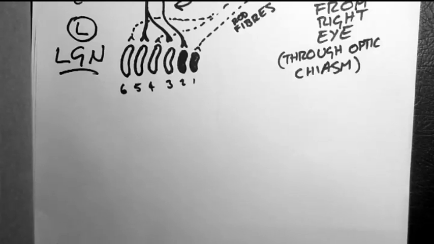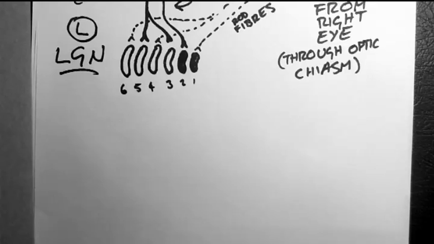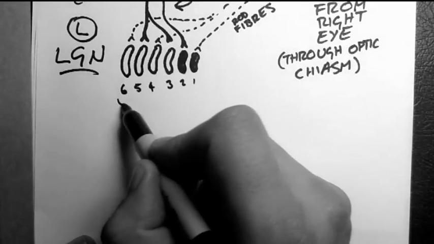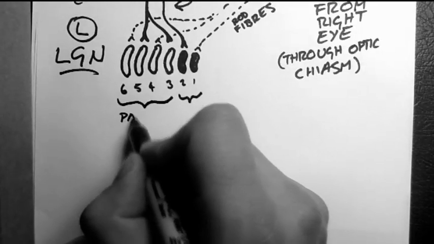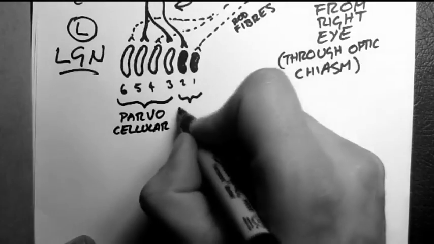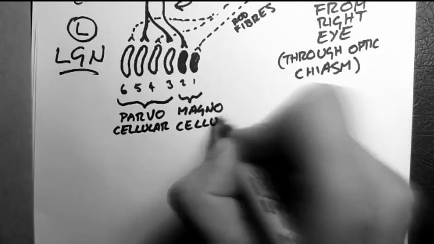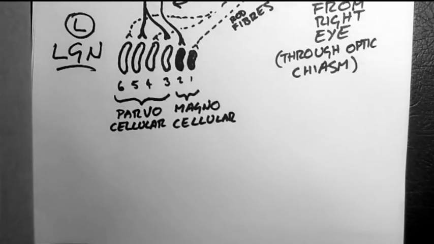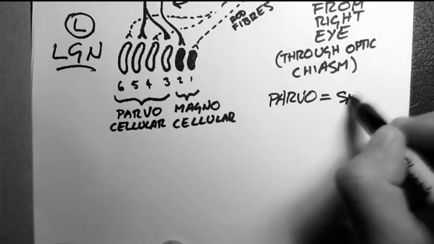Now these 2 types of layers have 2 different names. These ones are parvocellular, and these ones are magnocellular. Parvo means small, and magno means large.